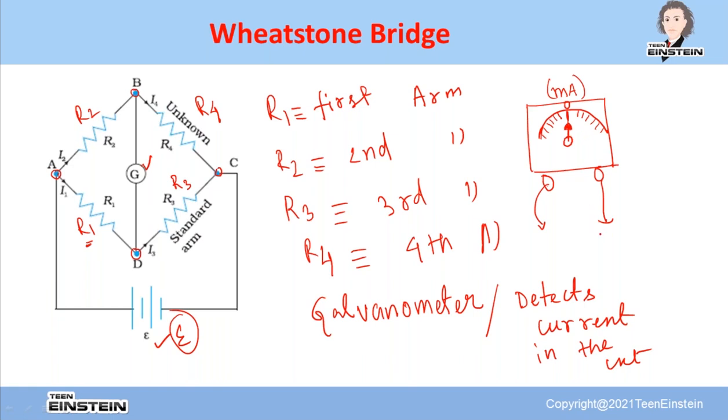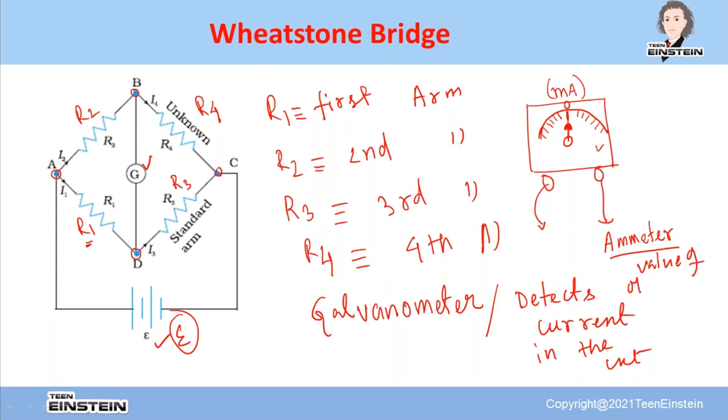Suppose this is a milliammeter, which has a range of amperes. There is another device called a milliammeter or ammeter. A galvanometer can detect whether there is a presence of current or not, but an ammeter can directly give you how much current is there in the circuit.